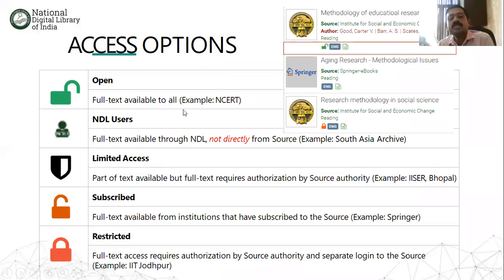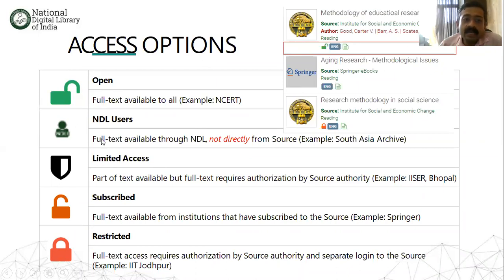That means full text is available to all. Even without login to NDLI, you can access this article or ebook, whatever it may be. Full text can be easily downloaded, like NCERT. So many books are there, so many articles are there, and this is open. Always remember that we have to click open when we check for the resources.